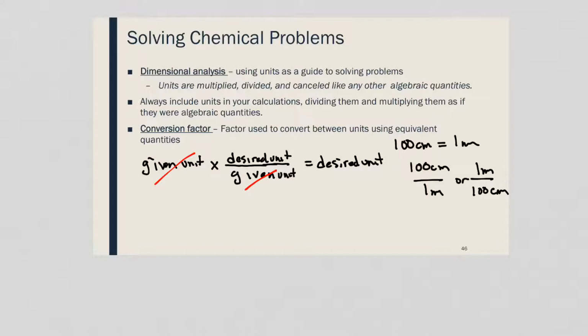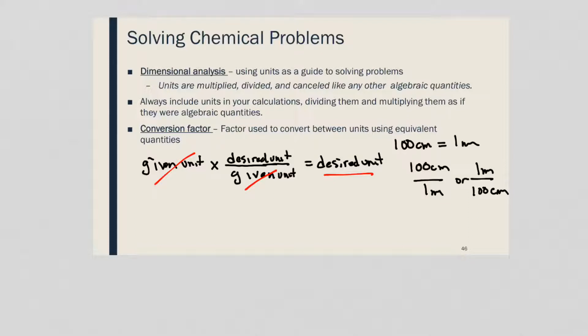So we got this idea that the given unit that we start with, if we multiply by the desired unit over the given unit, will cancel out and we'll be left with the desired unit. So that's sort of the basic idea that we're going to follow when we go through any of these.